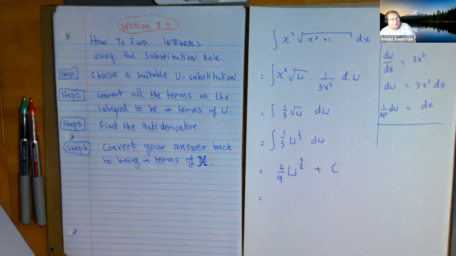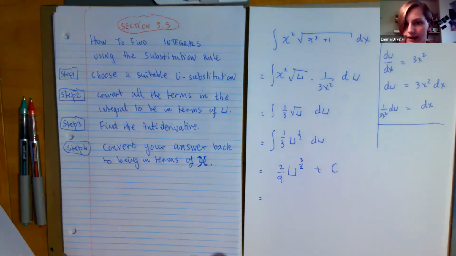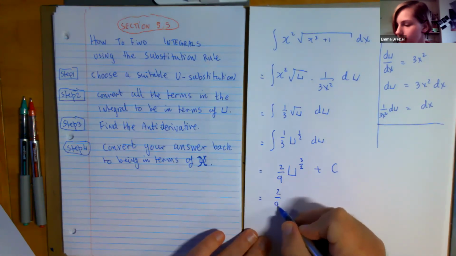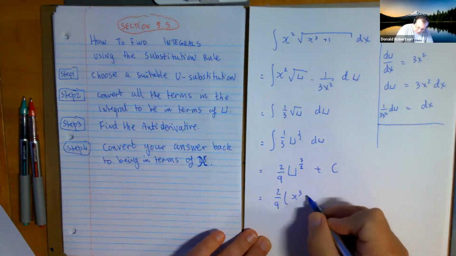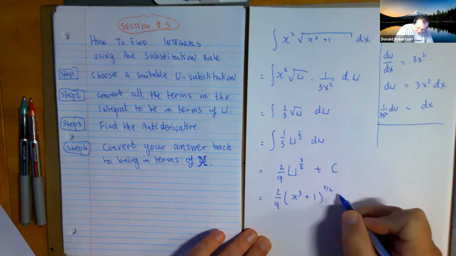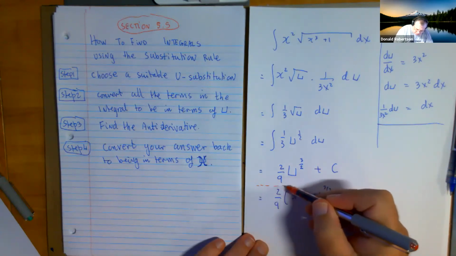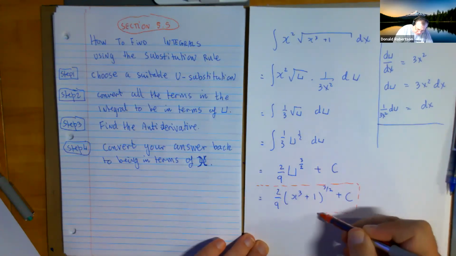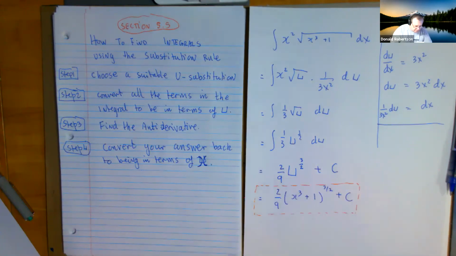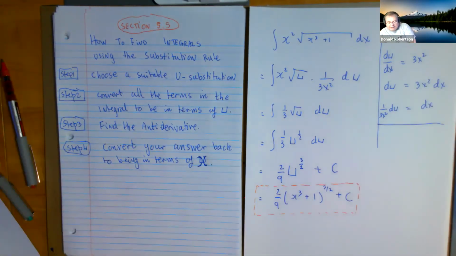What is our next step? You substitute. Okay. And the u is what? x cubed plus 1 to the 3/2 plus C. And that is the answer that WebAssign will probably accept.